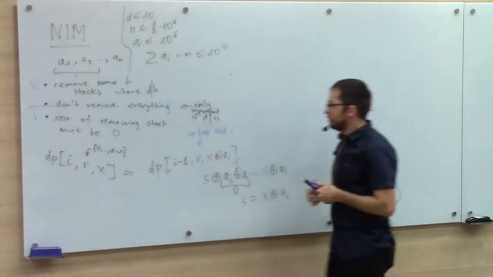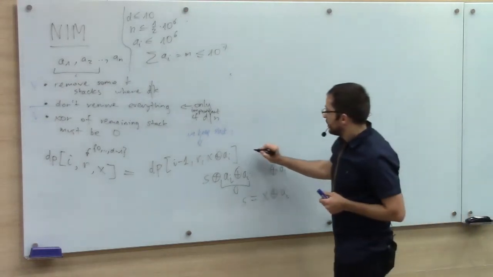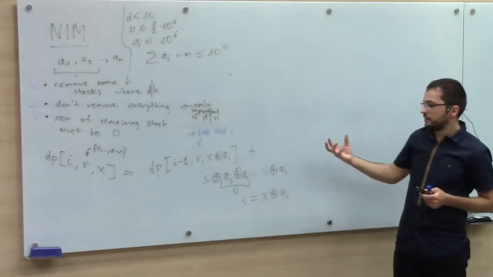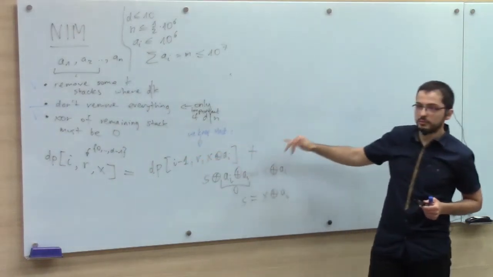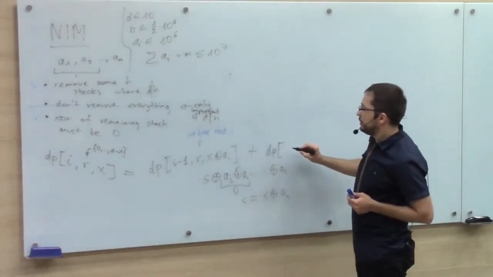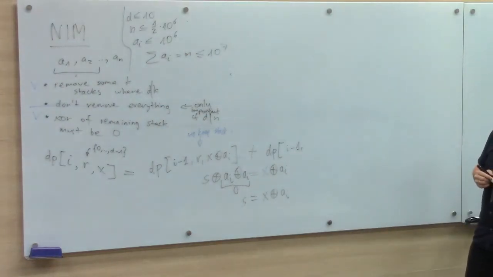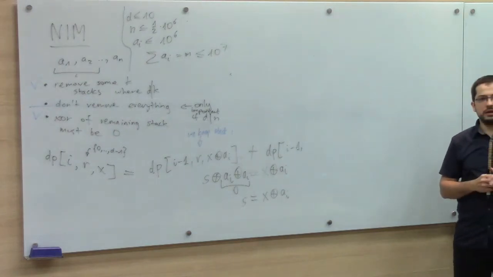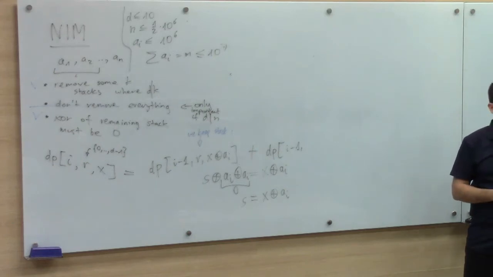We still need to consider the second case, in which we remove the stack number I, and we just need to add the number of possibilities for when we keep stack I and the number of possibilities when we remove it. So this will be once again dp from I minus 1, and now we are removing stack number I, so the remainder of the number of stacks which we keep is different.